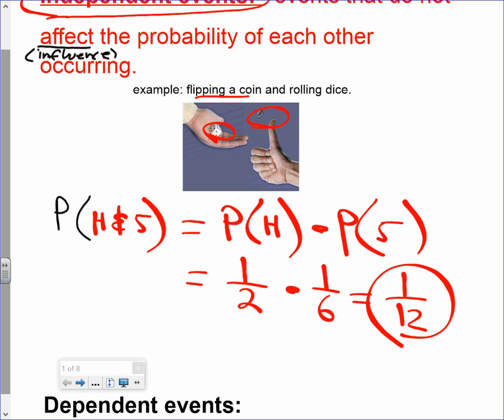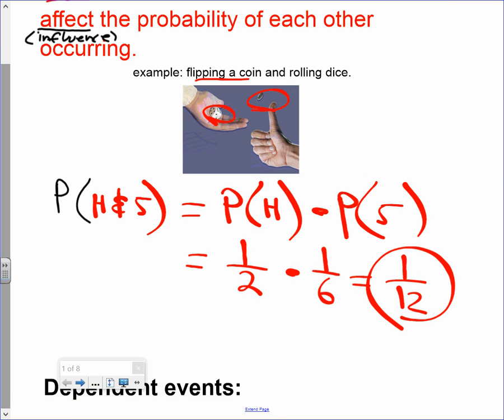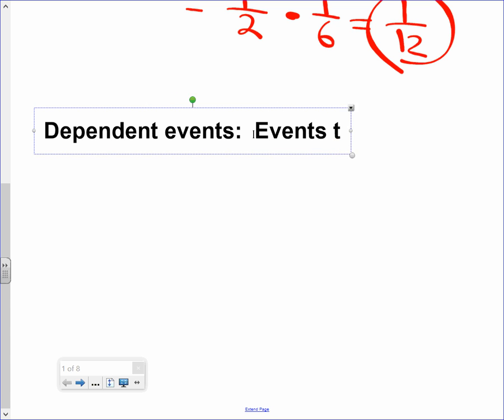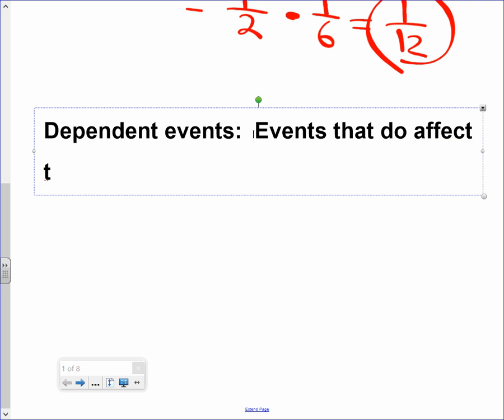But what if they do influence each other? For instance, dependent events. Let's write this one down. This is the only two words for today. Dependent events: events that do affect the probability of the other.